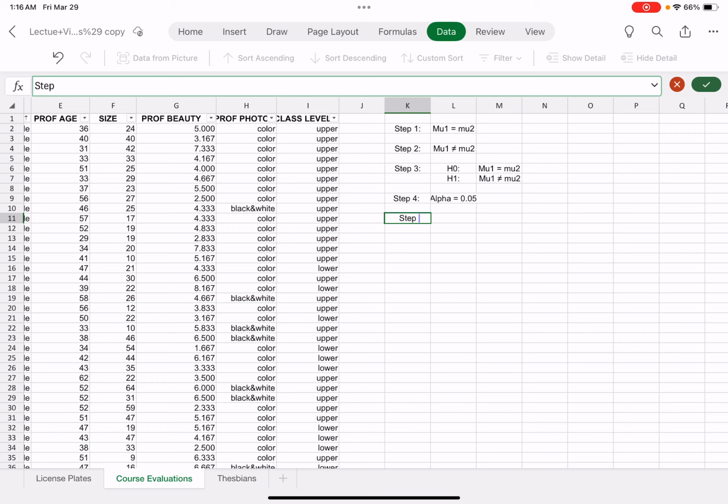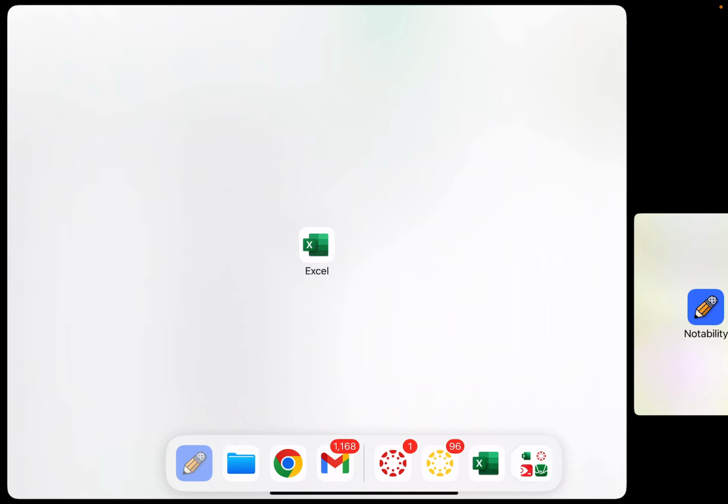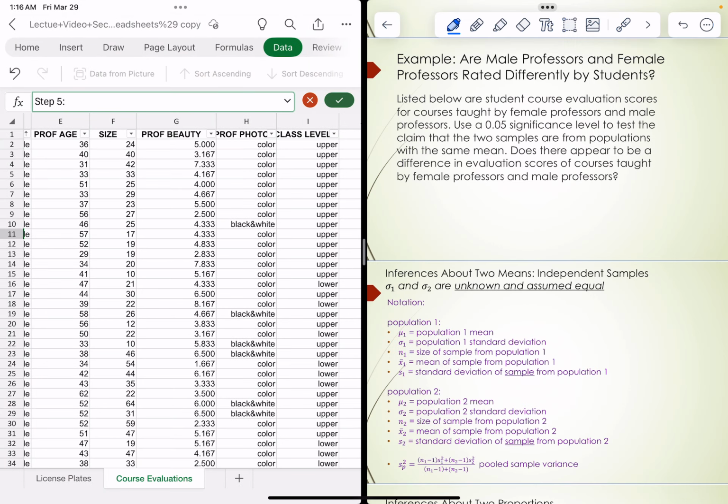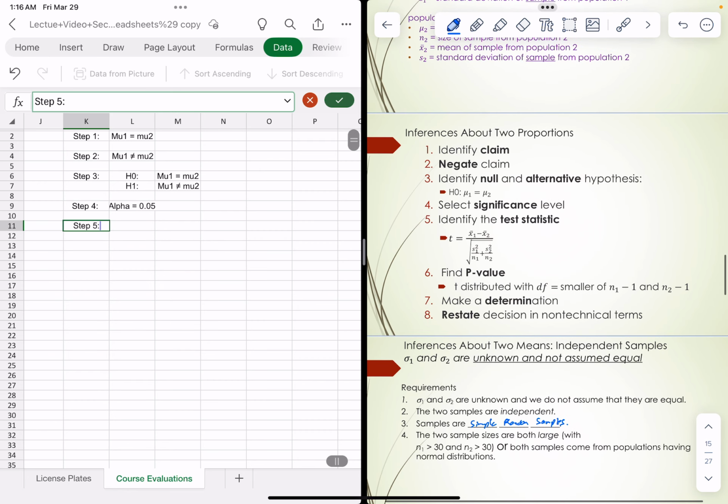Step 5 is the test statistic, but that is given to me in the slides.